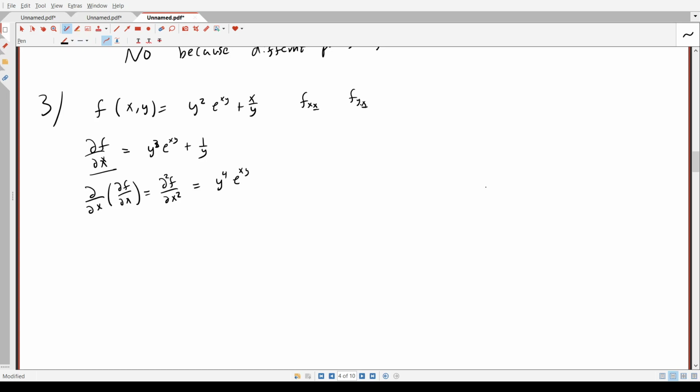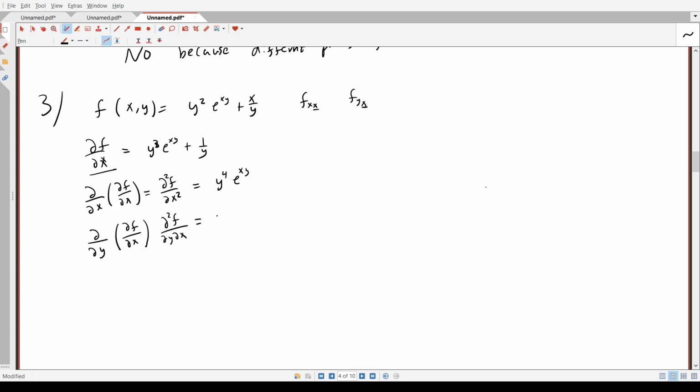Okay, so now this one, I need the y derivative of this thing, right? So this is asking for dy of df dx, which is d squared f dy dx. So now I'm doing the derivative of this with respect to y. So here I have to use the product rule.